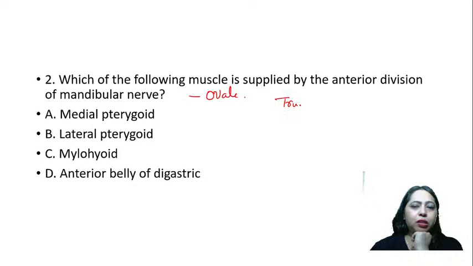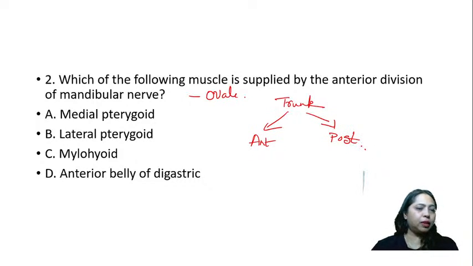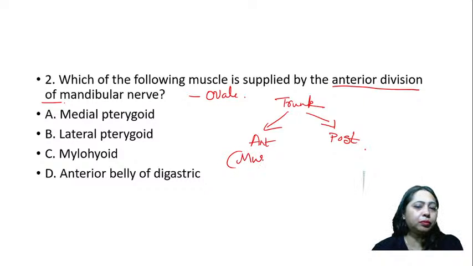Then it has a trunk. Then there are anterior and posterior divisions. Tina says A. Anterior division of mandibular nerve. Second one, yes, it is always nice if you put the question number. Second one is D, anterior belly of digastric. So the anterior division, which kind of muscles do they supply? It's all muscular branches.